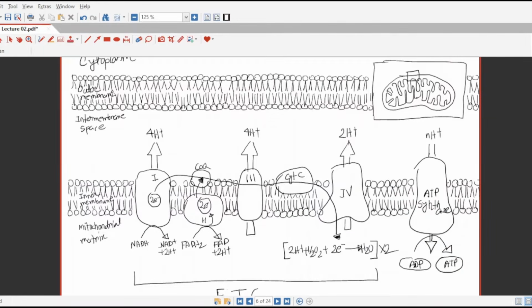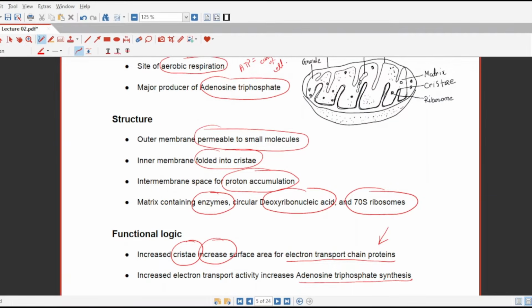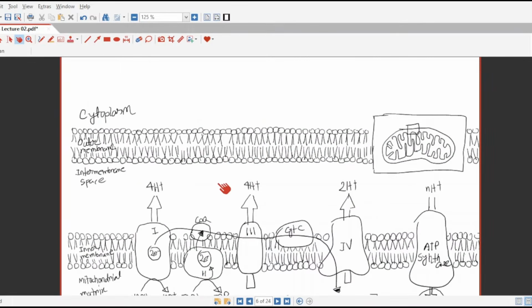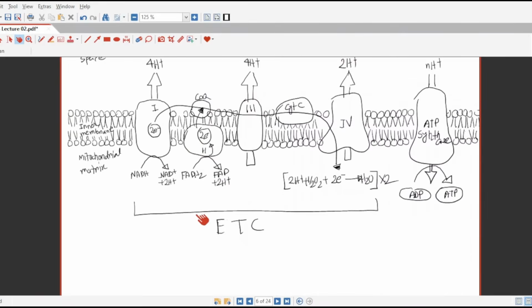Okay, so based on this diagram, we can justify these 2 sentences. One is that intermembrane space is for proton accumulation, very important. And we have also said that if the surface area is increased, then there will be more electron transport chains, and that will be helpful in making more energy. Okay.